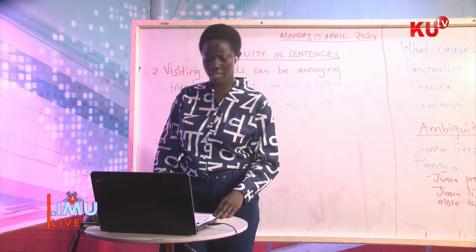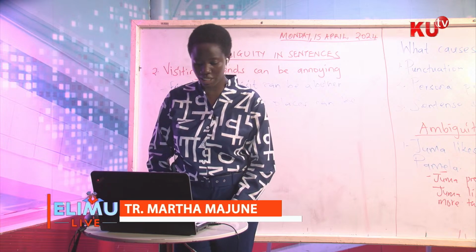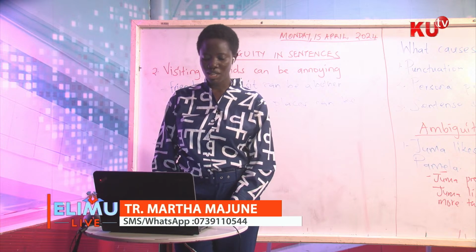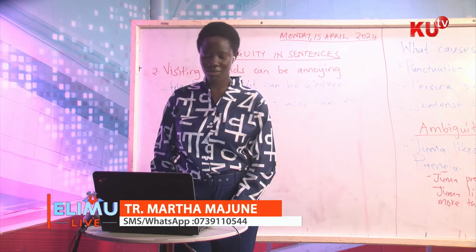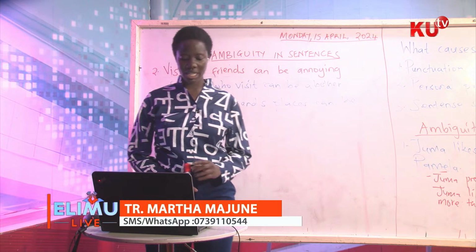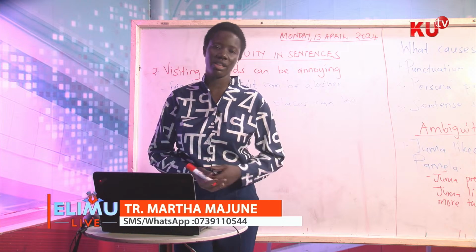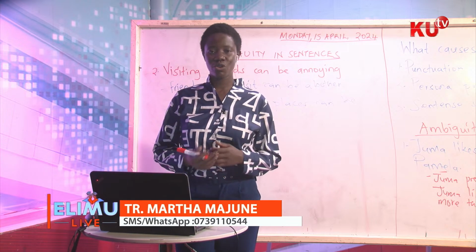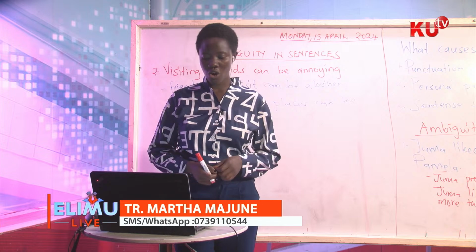The second meaning of that statement, they gave her horse feathers, is that she was given horse feathers. We have a type of feathers known as horse feathers, maybe from the horse.